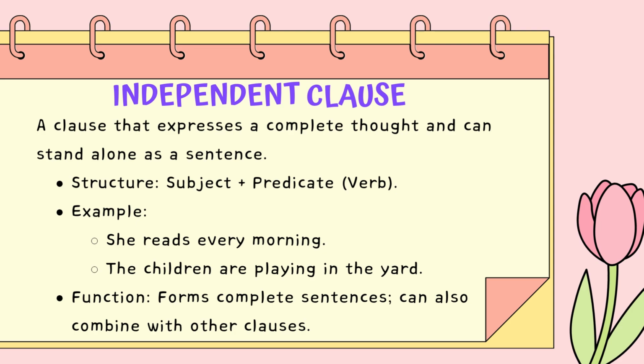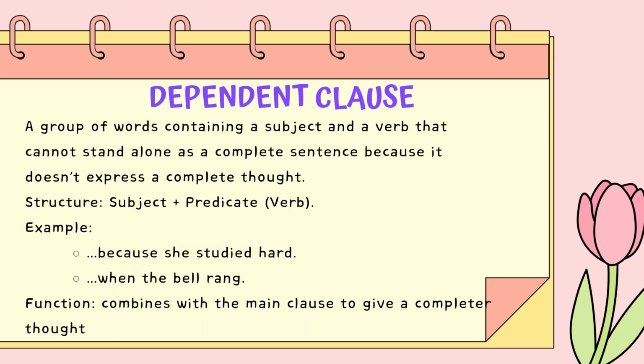Let's move on to the next type of clause, which is the dependent clause. A dependent clause is a group of words containing a subject and a verb that cannot stand alone as a complete sentence because it doesn't express a complete thought.